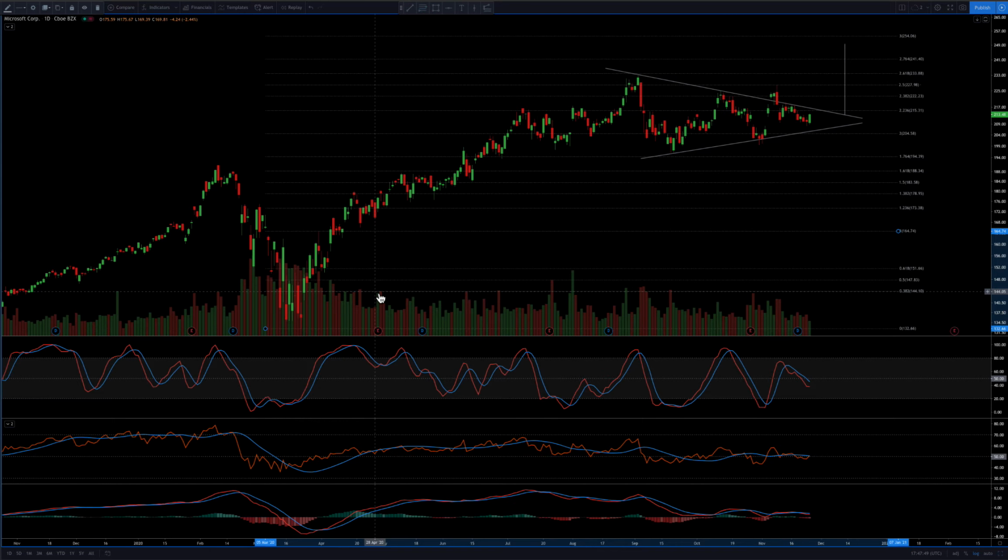So let's see what that gives us. It looks like the high here hit the 2.618 level.